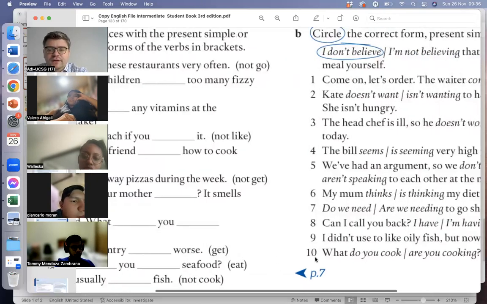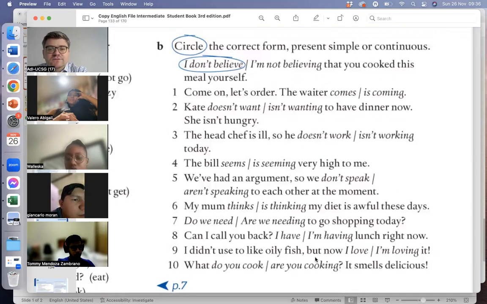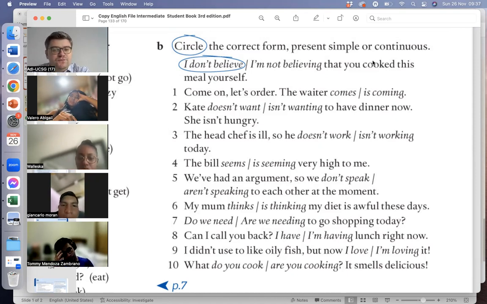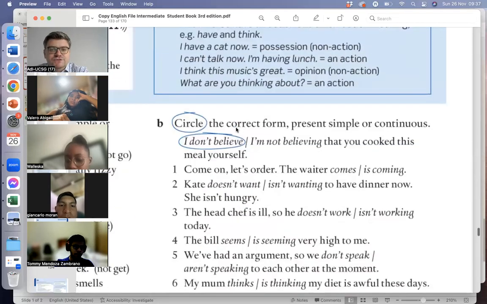Okay, very good. Now, let's focus on the next activity, activity B. Circle the correct form, present simple or continuous. Again, we have only two options. Try to think. Some are a bit tricky. If you need to go back to the rules, the print screen that I sent you, please do that.